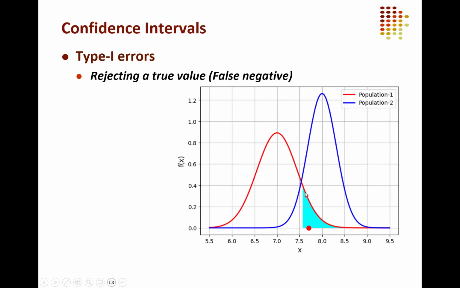So if we define our process with reference to this red distribution, and we define the level of significance as indicated by this cyan color, and the observation is over here, we are more likely to interpret this observation as a member of population 2, which is this blue colored distribution.